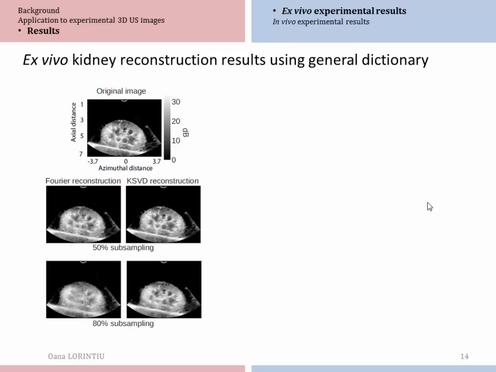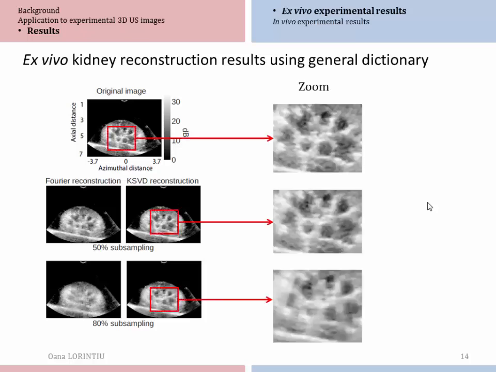And if we take a closer look at a region that has many details, we can visually see that for 50%, K-SVD reconstructs well all the details inside the kidney, while at 80%, we start seeing reconstruction errors which are due to the blockwise method of reconstruction.